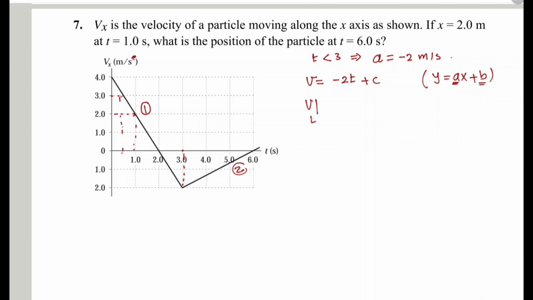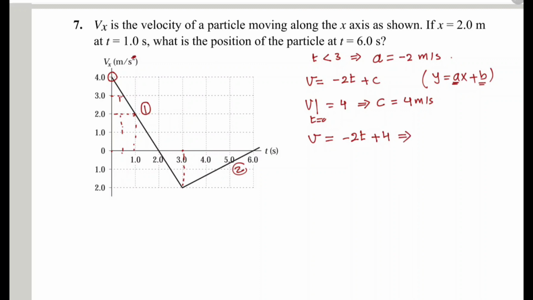V when t equal to 0 is equal to 4 from the curve here. You substitute this, you will find that c equal to 4 meters per second. Now the equation for the velocity, v equal to minus 2t plus 4.